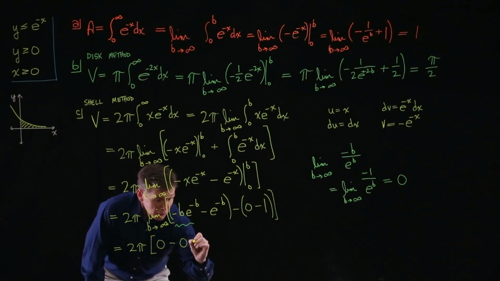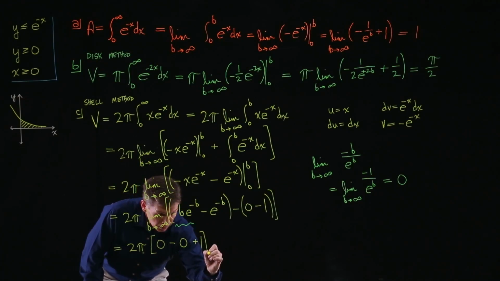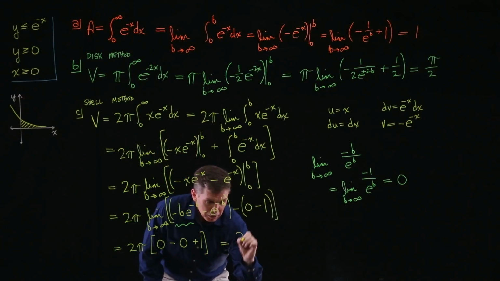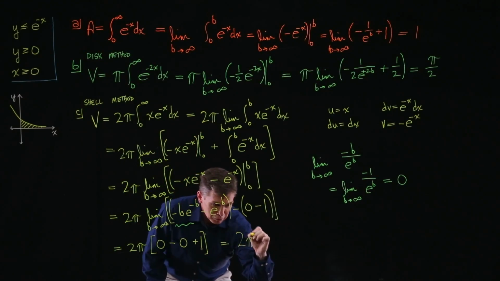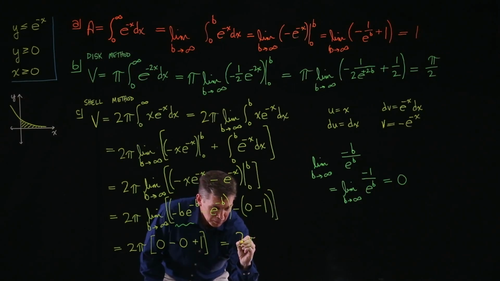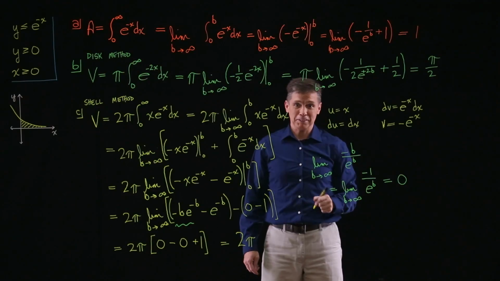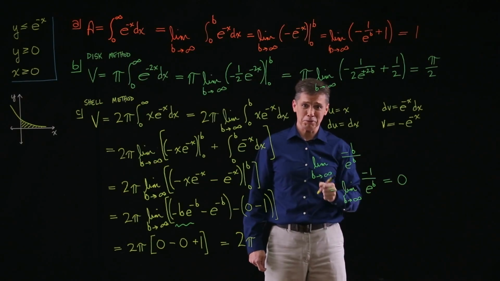Okay? And then minus a minus 1 plus 1. Oh my goodness, I think we've got it. 2 pi. Final answer for that volume. Good work on that one, too. Okay. Go take a day off. You deserve it.